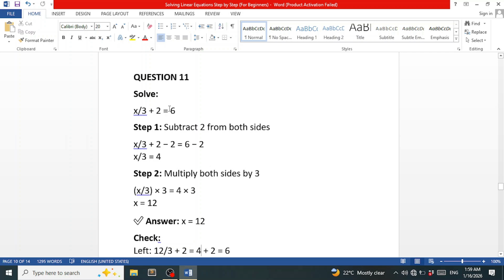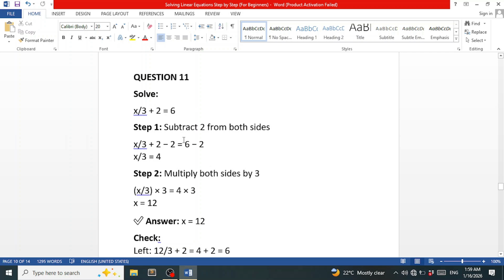First thing first, we need to take this number to cross equal sign, okay? Because here we have got 6, here we got 2, and this is a positive, plus 2. When it crosses equal sign, negative. All right, so step 1, subtract 2 from both sides to move it from here to the right side, okay?